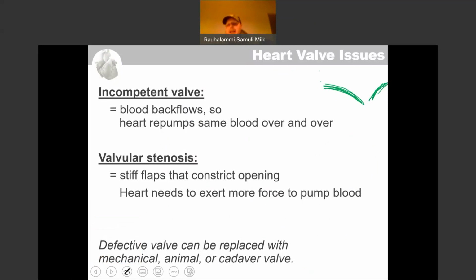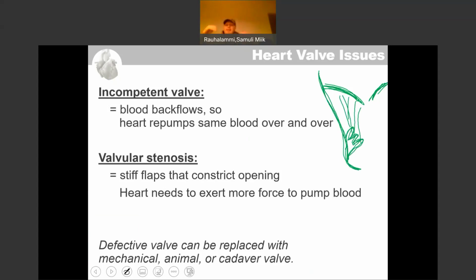In the case of the AV valves, there's a lot of force from the ventricle, so these valves have a special adaptation, and this is only applicable to the AV valves. We have papillary muscle coming out from the wall of the ventricle, and then little strings called chordae tendineae that connect from the papillary muscle to these valves.